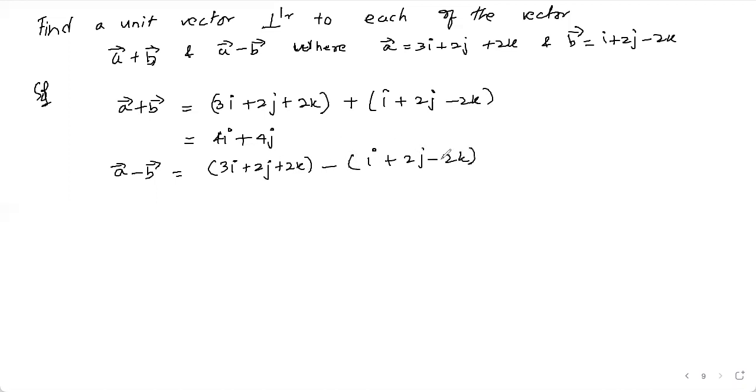After simplifying, you will get 2i, and 2j and minus 2j get cancelled because of opposite signs, and you will have 2k and plus 2k, so that would be plus 4k. So we got a plus b and a minus b.